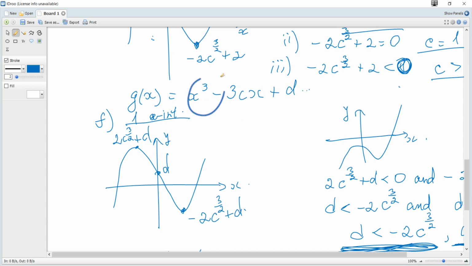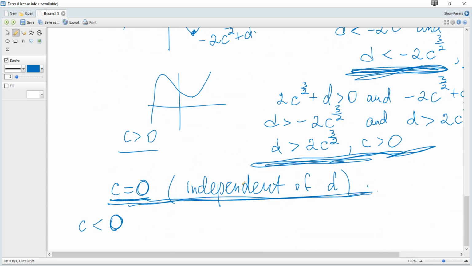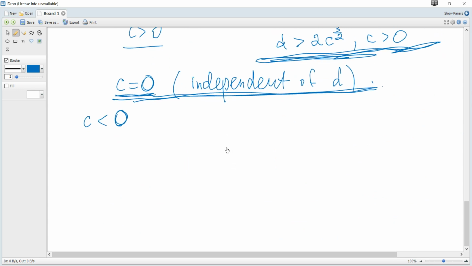So the greatest term is x cubed, so it will be similar to x cubed.